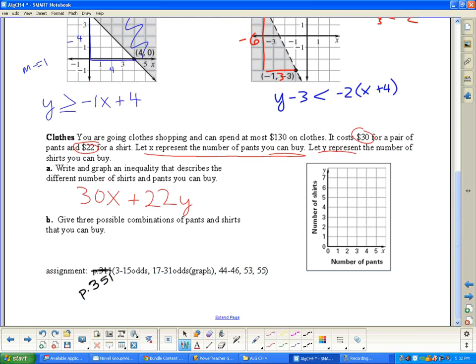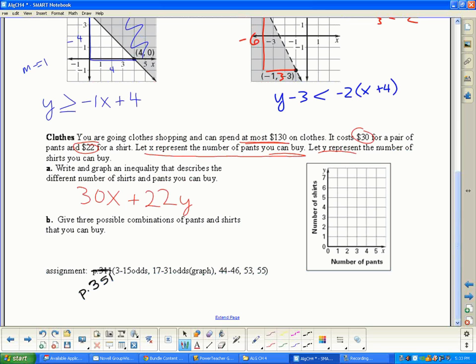Okay? So the graphing part, I'm going to do it the same way I did on the front, where I have my x-intercept and my y-intercept. I'm going to do the same thing I did before, where I'm going to cover up the y and solve for x.